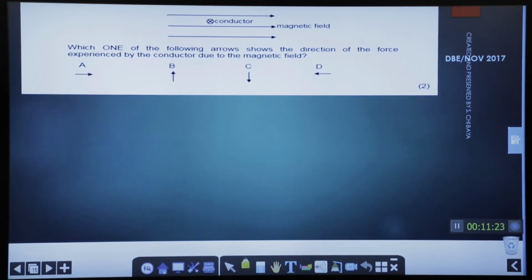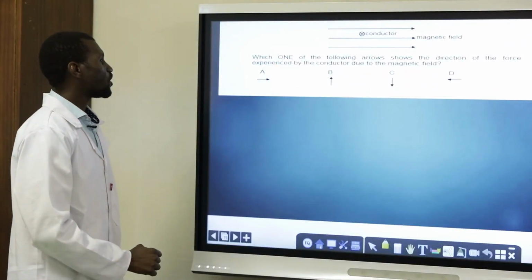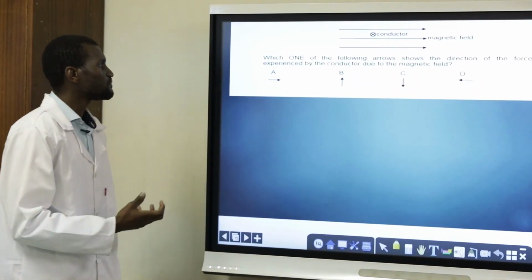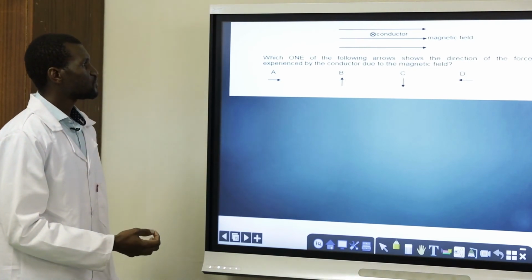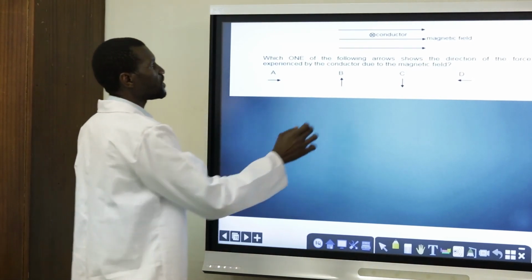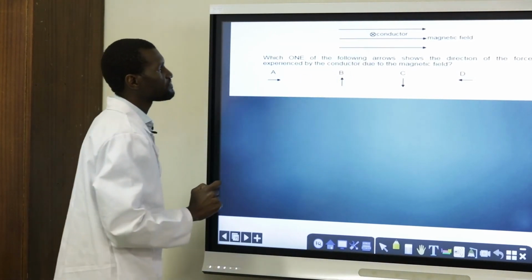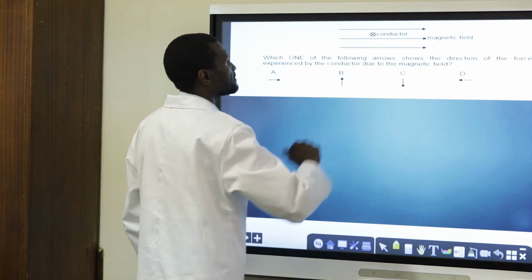All right, which one of the following arrows shows the direction of the force experienced by the conductor in the magnetic field? All right, so we got a conductor here, we got the magnetic field there.